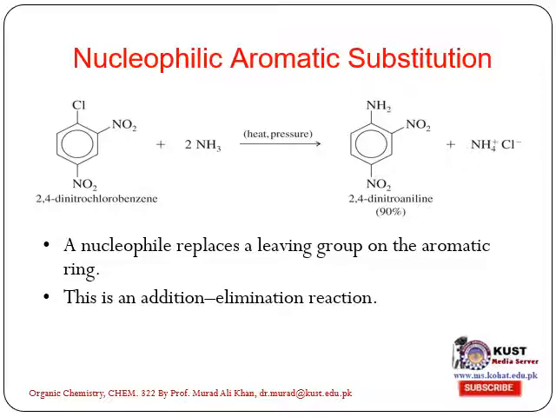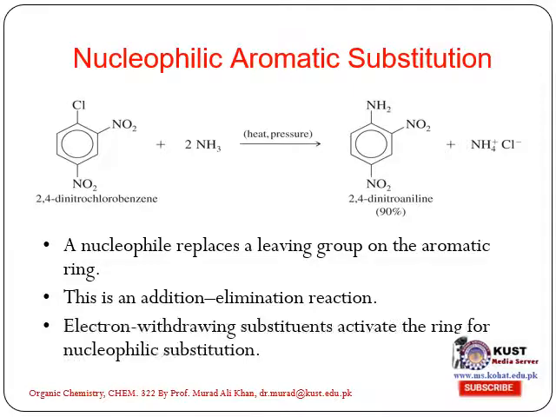This is an addition-elimination reaction. Electron withdrawing substituents activate the ring for nucleophilic substitution. As we have previously discussed, fluorine is a strong electron withdrawing group, so it activates the ring for nucleophilic substitution.